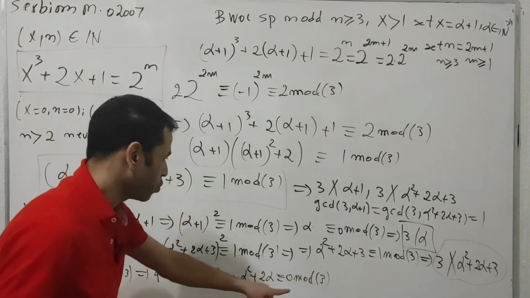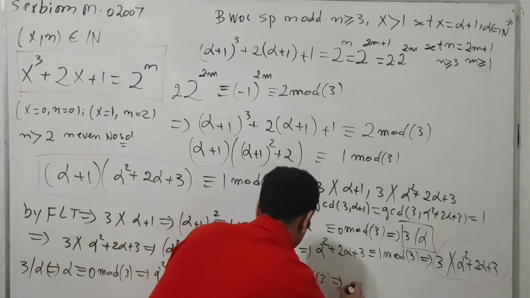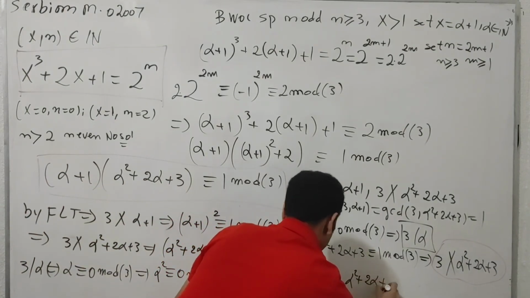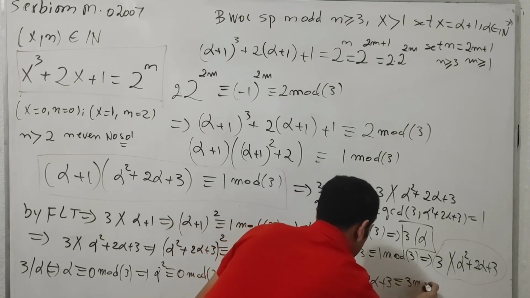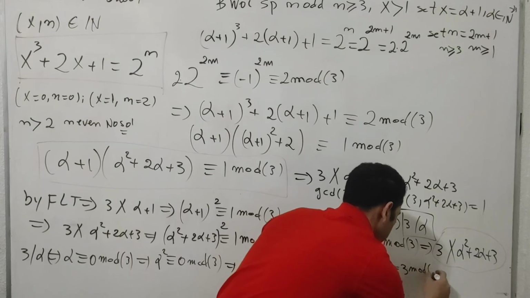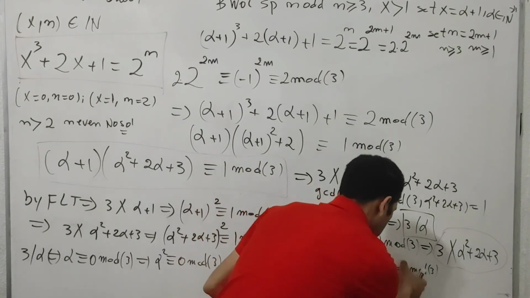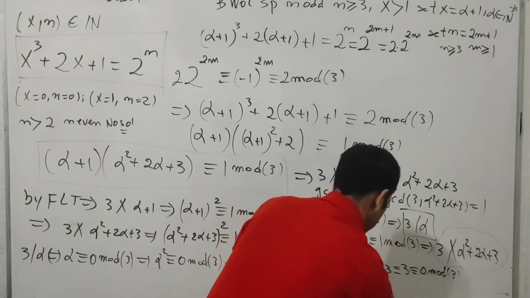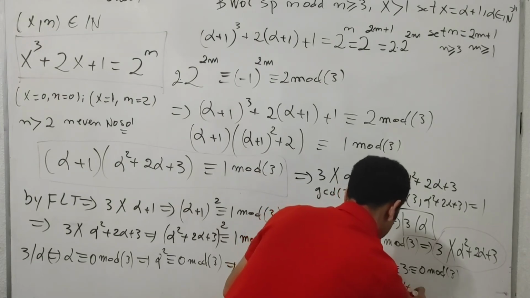Now I'm going to just add number 3 on both sides. I will have alpha squared plus 2 alpha plus number 3 is congruent to 3 mod 3. As we know, 3 mod 3 is 0, so it becomes 0 here. It's telling us the same term, 3 divides alpha squared plus 2 alpha plus 3.